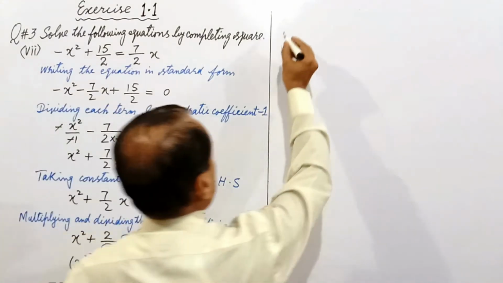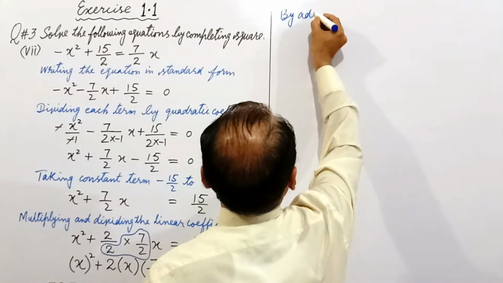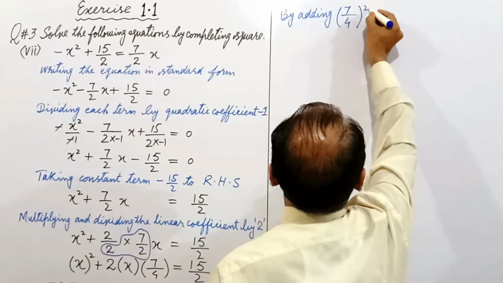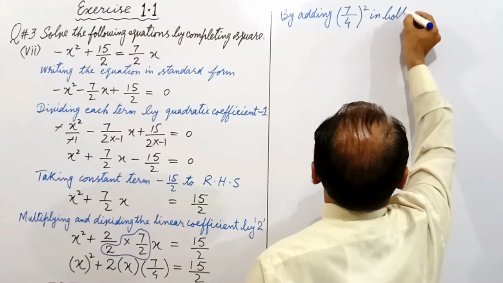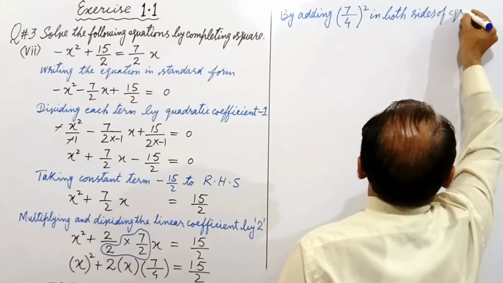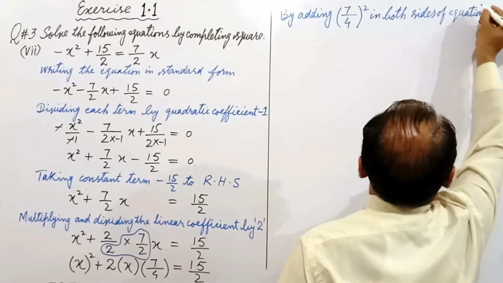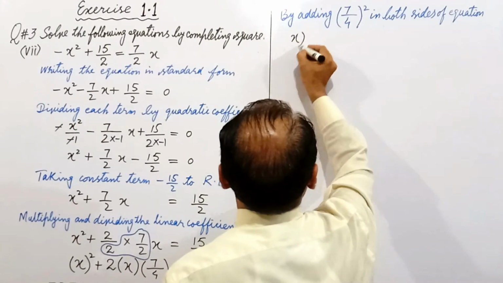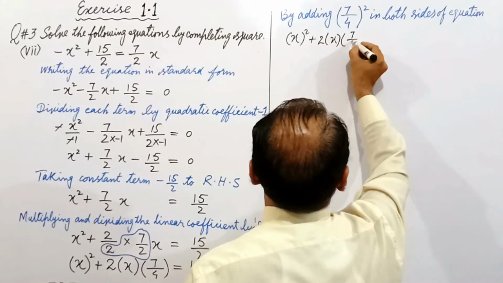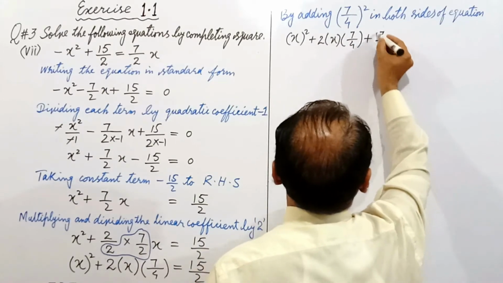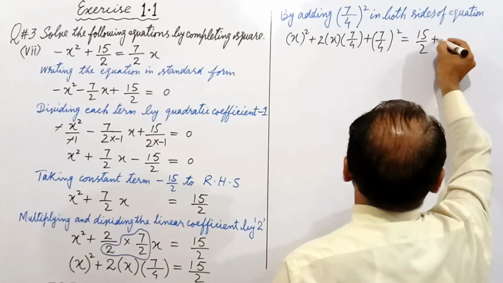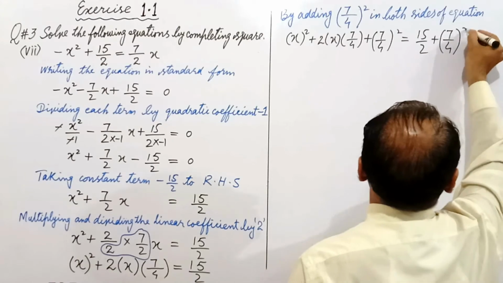So by adding square of 7 over 4 in both sides of equation, we have x square plus 2 into x into 7 over 4 plus 7 over 4 whole square is equal to 15 over 2 plus 7 over 4 whole square.